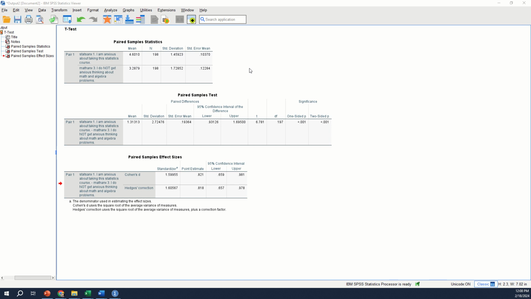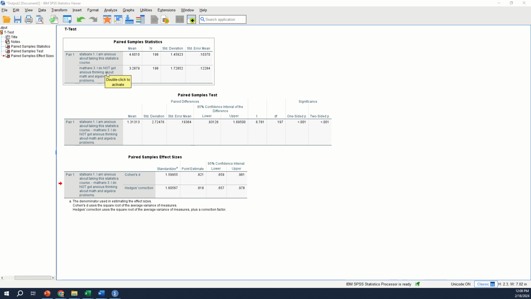I chose to do this example for the paired sample t-test because we have this math anxiety question, which is a reverse coded question. We have a negatively worded question here: I do not get anxious thinking about math and algebra problems.